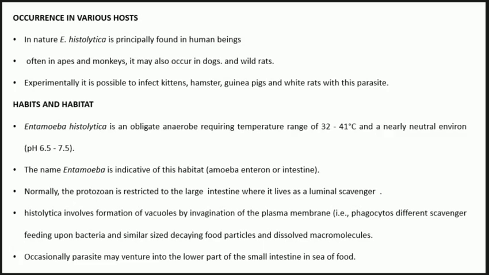From there you can find out what can happen in humans also. So that's why experimentally it is possible. Other than that, if we talk about its habit and habitat, it is an obligate anaerobe, with a required temperature.